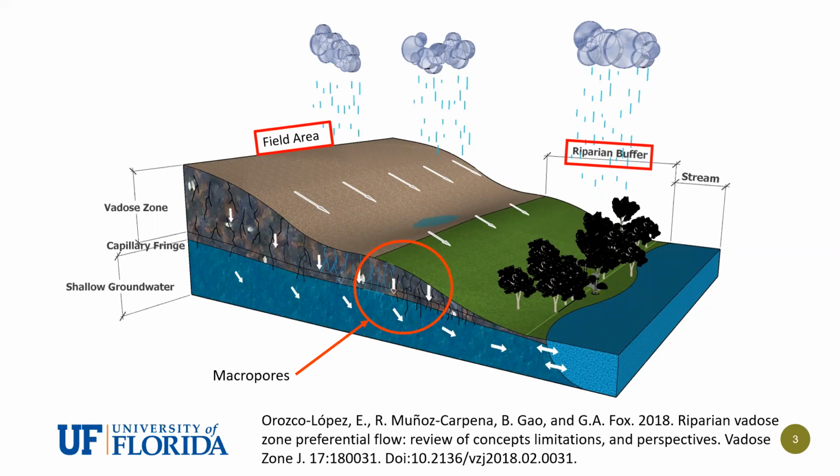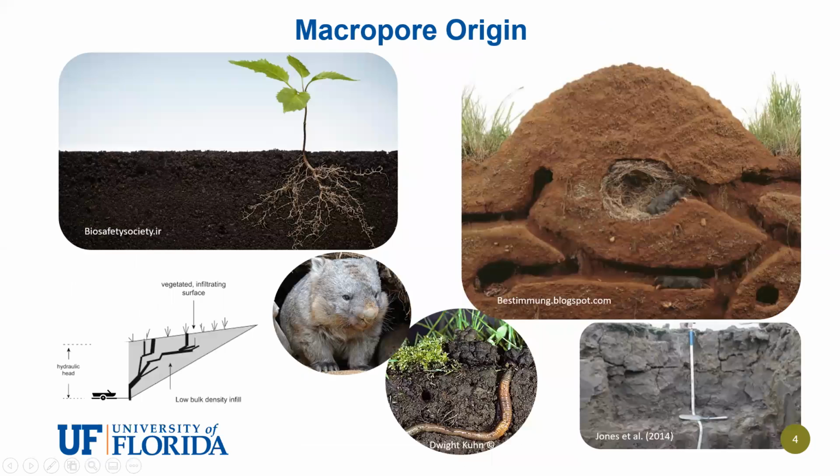Macropore flow occurs in large, continuous and structural openings in field soils, allowing fast movement of infiltrating water, solutes and pollutants. In addition, riparian areas, especially those located in lowlands, may be strongly influenced by a seasonal shallow water table, enhancing the impact of macropore flow.